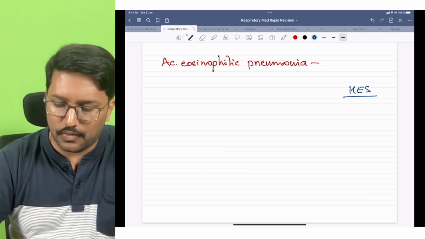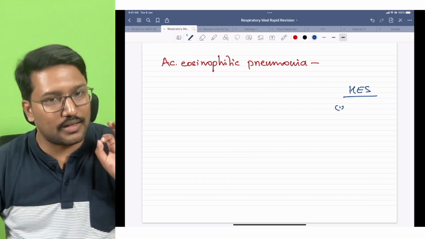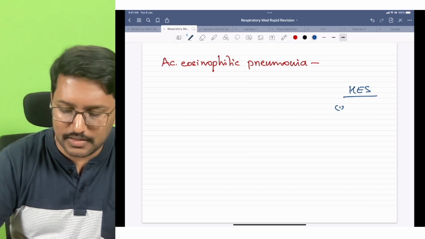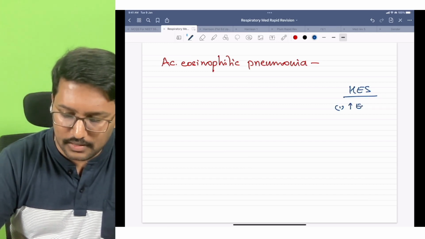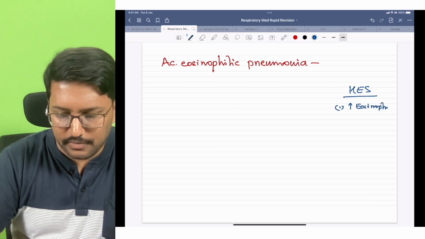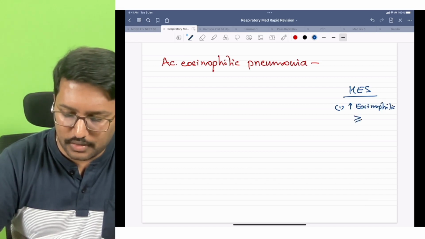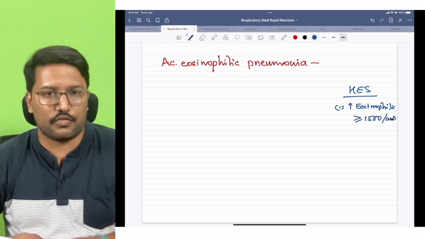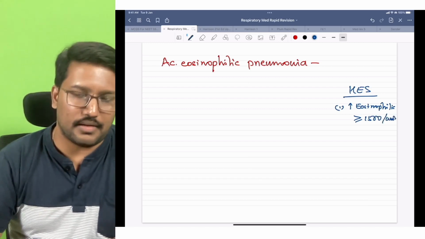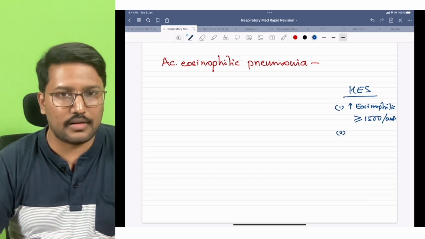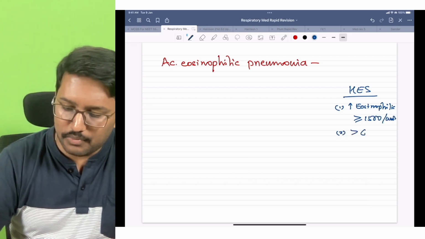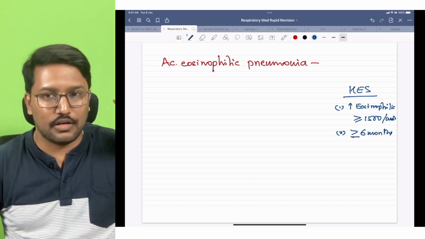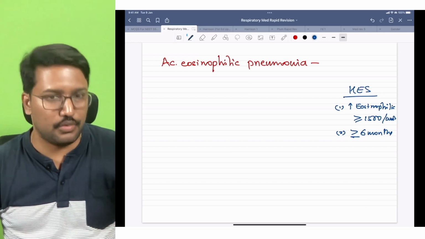There can be eosinophilic involvement of the lungs, but apart from that, in hypereosinophilic syndrome there is increased eosinophil count, which for diagnostic purposes should be more than or equal to 1500 per cubic millimeter, or per microliter. And the patient should be symptomatic, okay? The duration of the symptoms should be more than or equal to 6 months. The eosinophil count should be elevated more than 1500 for 6 months.